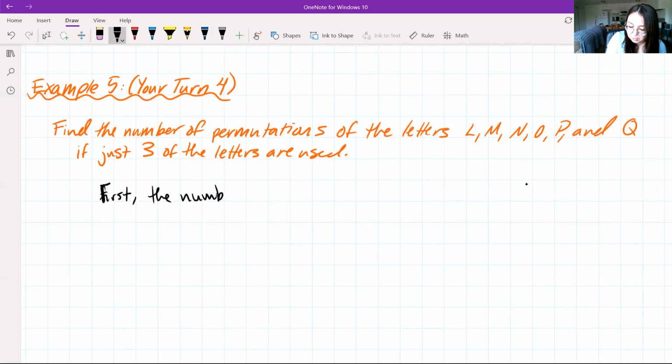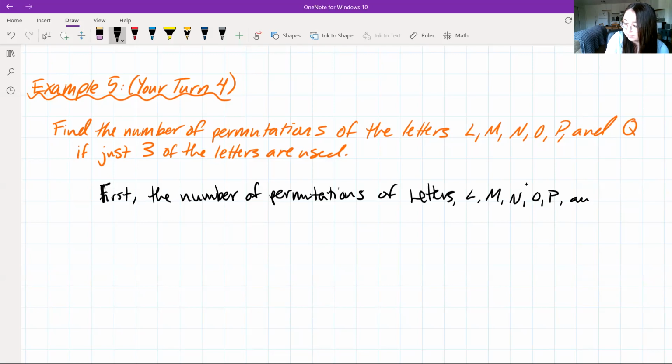The number of permutations of the letters L, M, N, O, P, and Q can be found by P of n, comma n, which we know is n factorial.